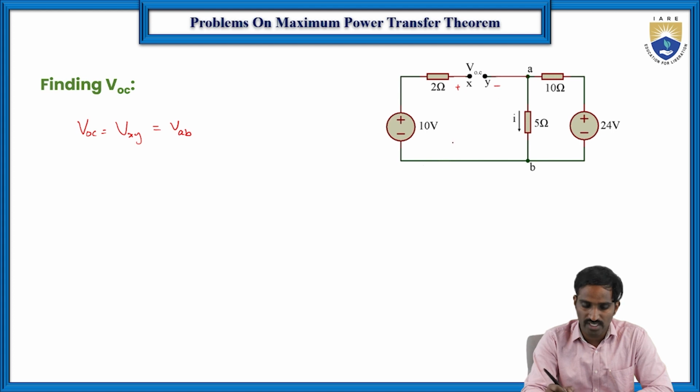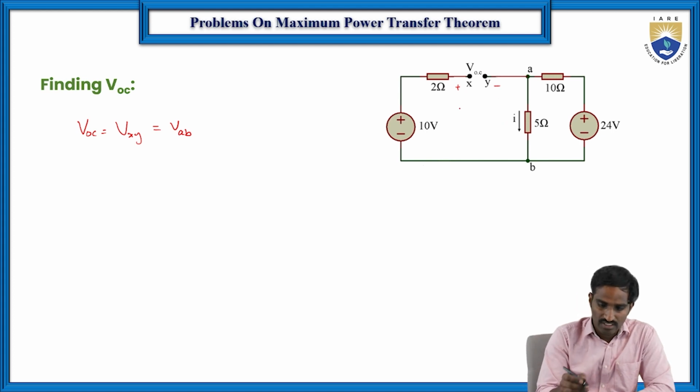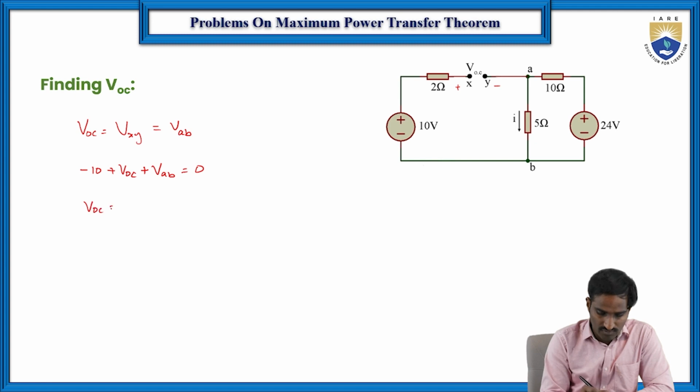If you apply loop analysis here, you get minus 10 plus VOC plus VAB, the voltage across the 5 ohms, equal to 0. So VOC is equal to VAB minus 10.